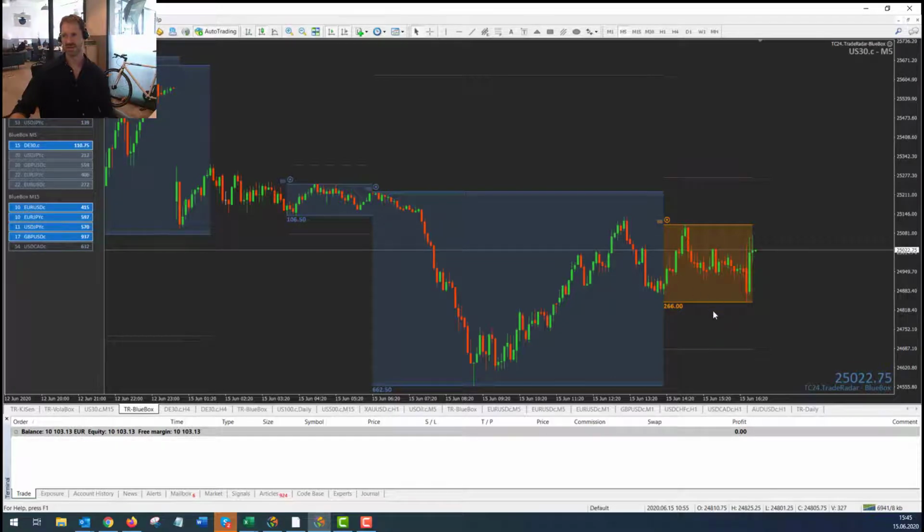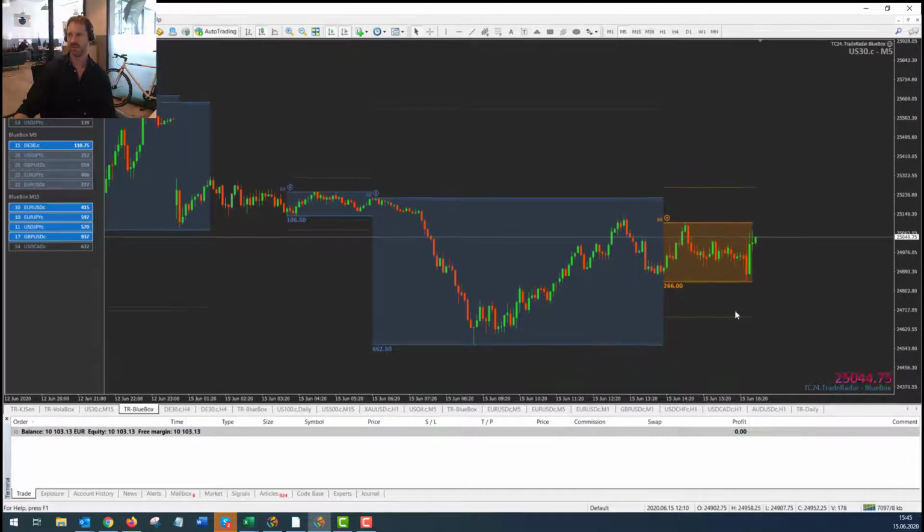The difference is an orange box is just a signal to be completed. It's not fully set up yet, but in the process of being completed. So you're looking at these boxes, and the same way you trade that with our SwissBox tool, on the top and on the bottom of that particular box.